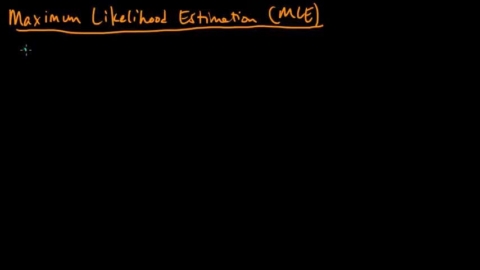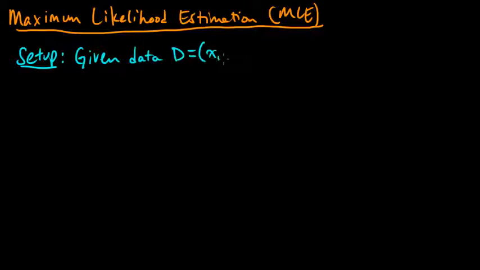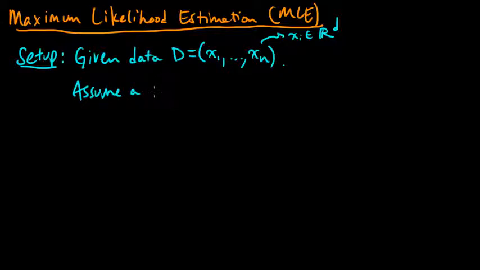So what is it? The setup for an MLE computation: to define it, we'll assume that we're given some data. I'll denote by capital D some sequence of points x1 through xn. For example, these might be d-dimensional vectors in d-dimensional real space, or they might be scalars. And we assume a family, or a set, of distributions.